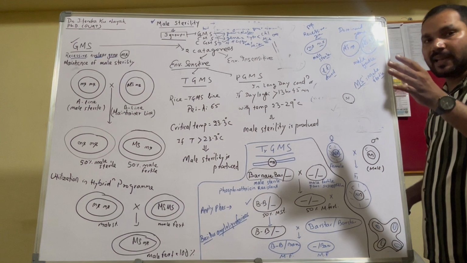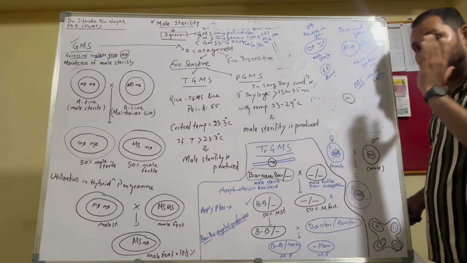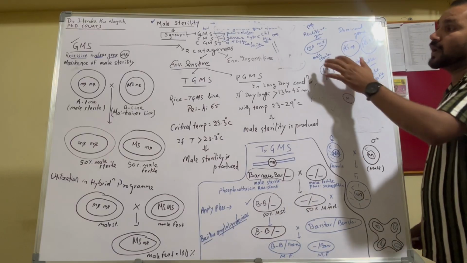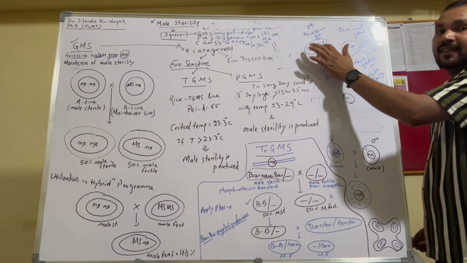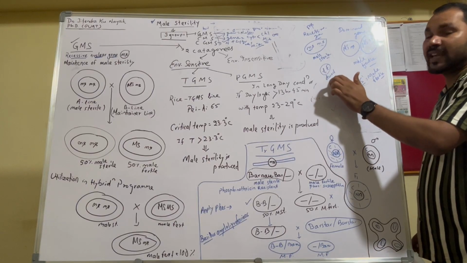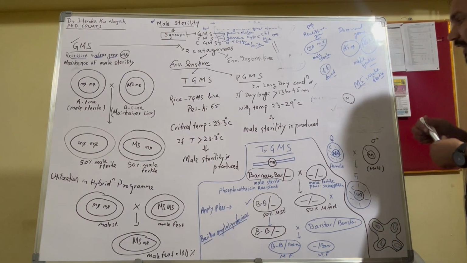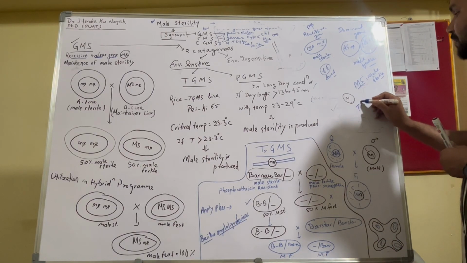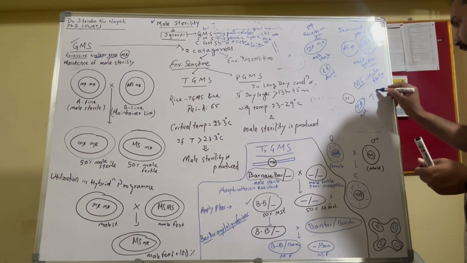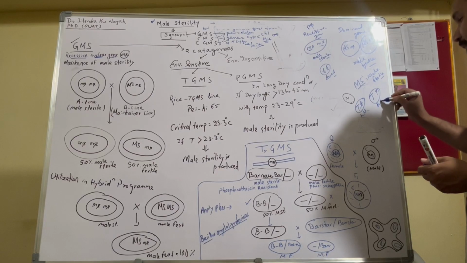So according to the Mendelian principle, the recessive character will be expressed when both alleles are recessive. Like in small t small t, the plant is dwarf. But in the case of capital T small t, the heterozygote condition, the plant is tall, and in capital T capital T, the plant is tall.